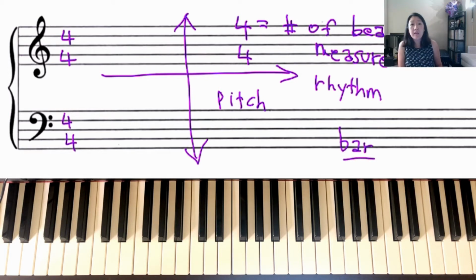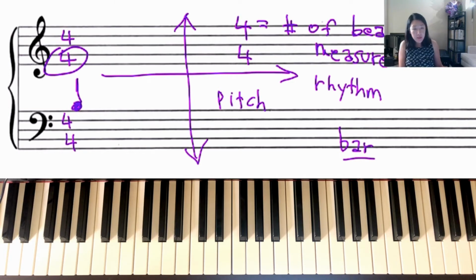And the bottom number tells you what type of note receives one beat. And 4 stands for quarter note, which is one of the most common notes on the bottom. So this tells you that there are 4 counts per measure, or 4 quarter notes worth of value per measure.